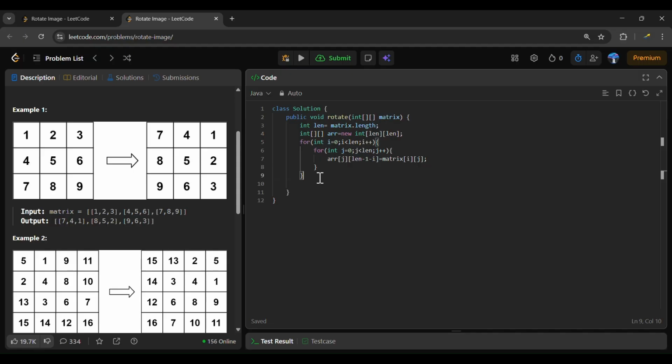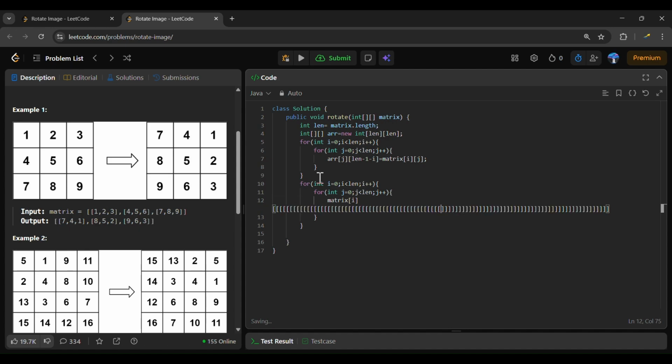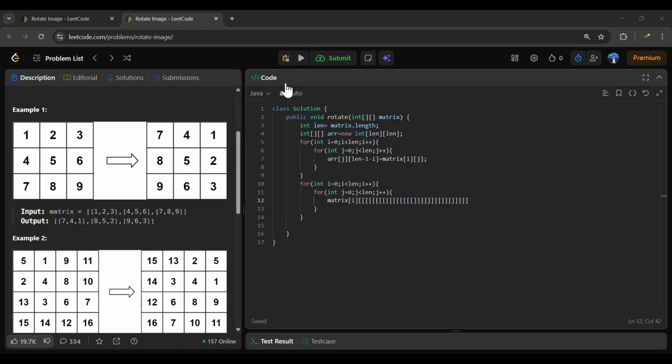So our final solution is completed by solving this way, just placing the elements I picked from the arr. And our logic is finished.